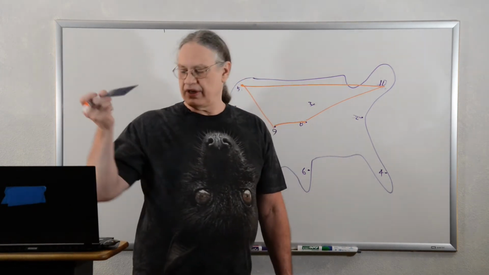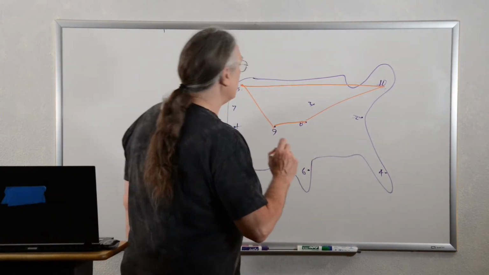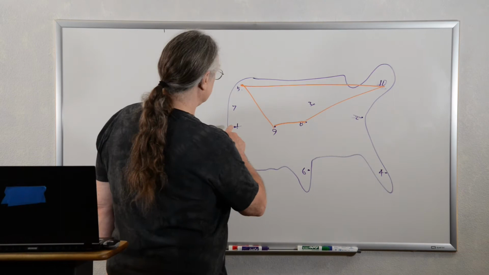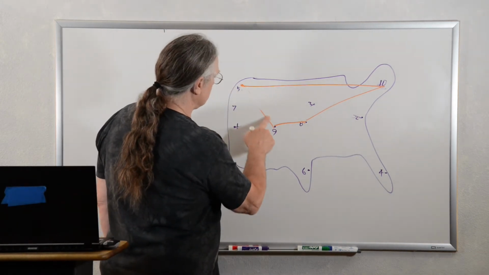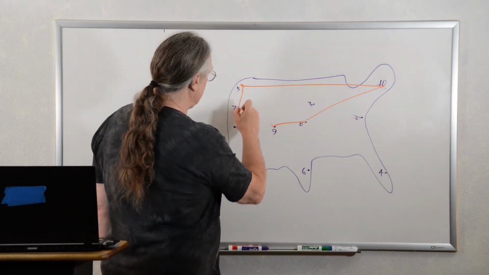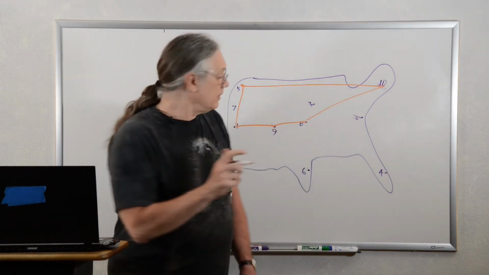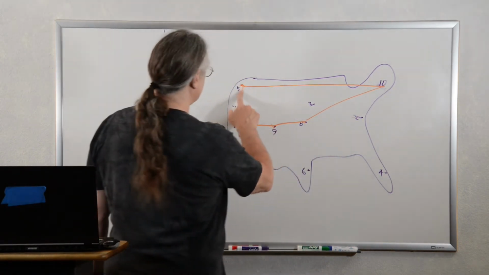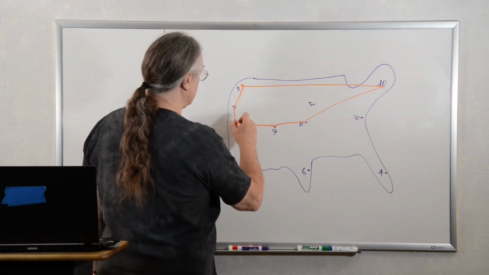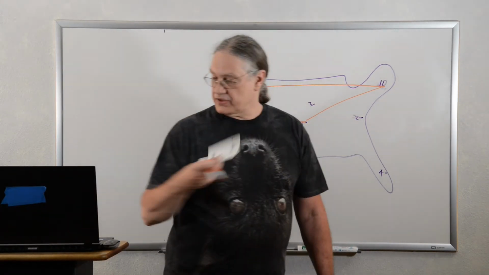The next card is an ace. The next card is a 7. Well, this one's easy. The next card is a 2.